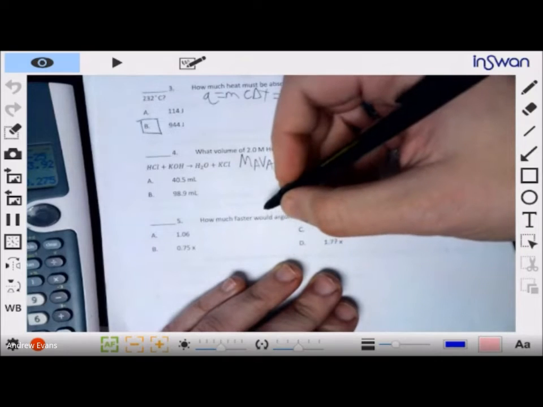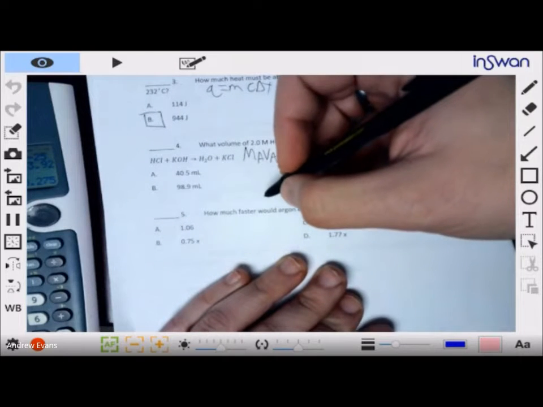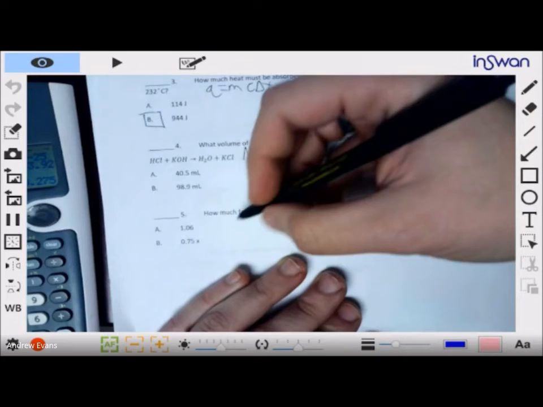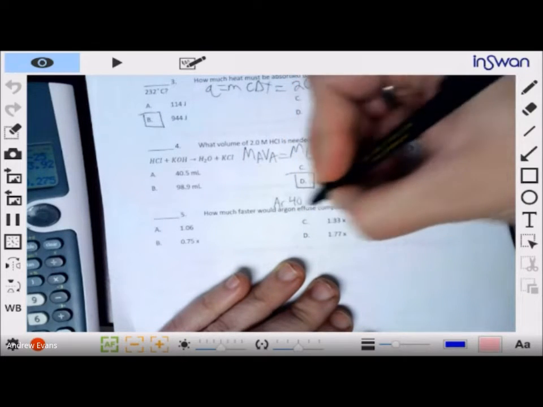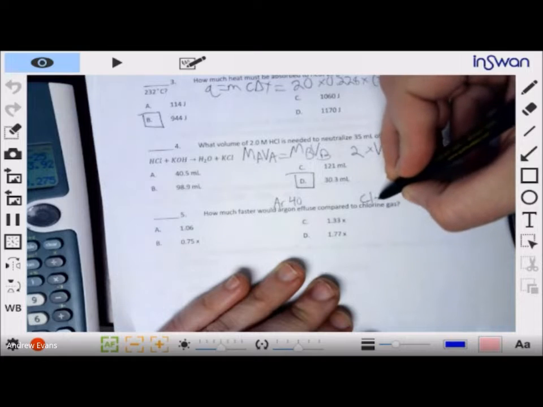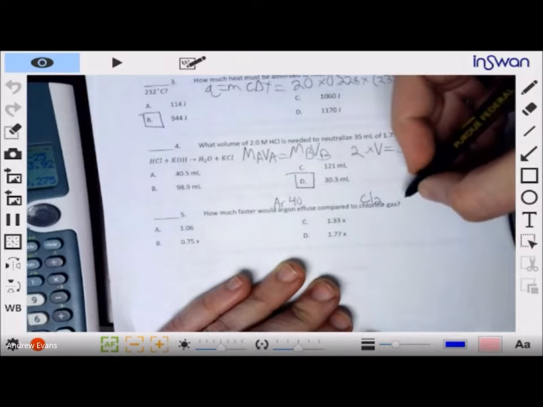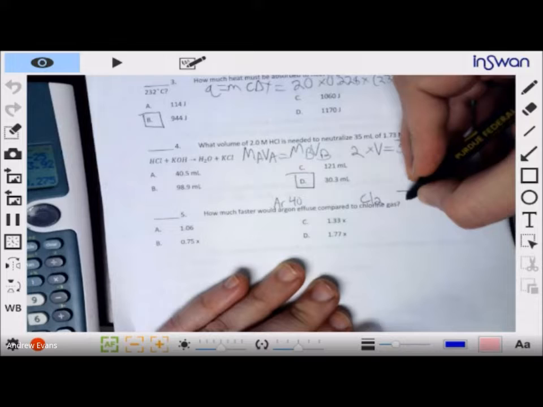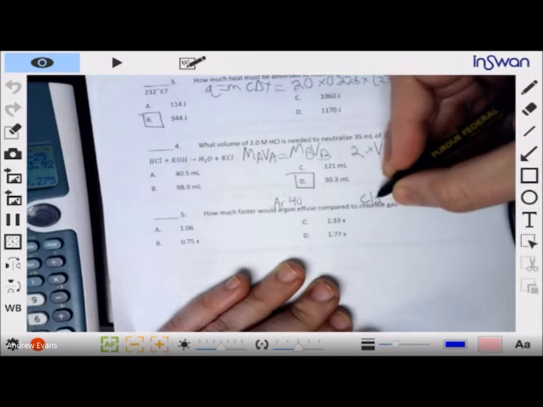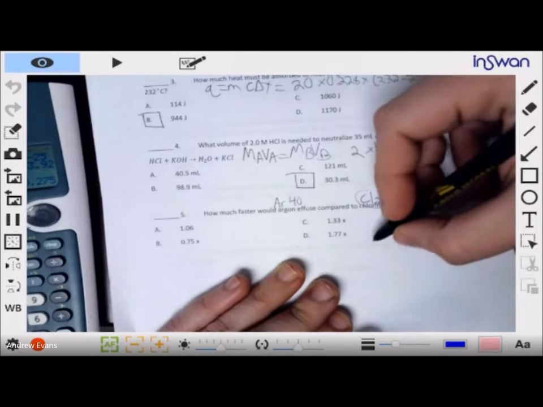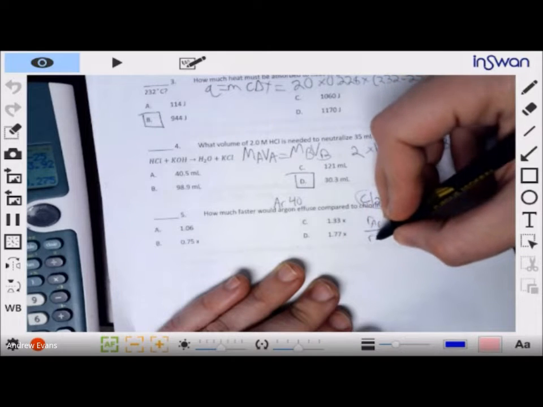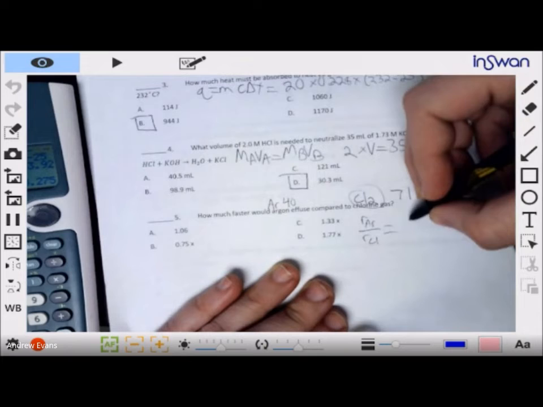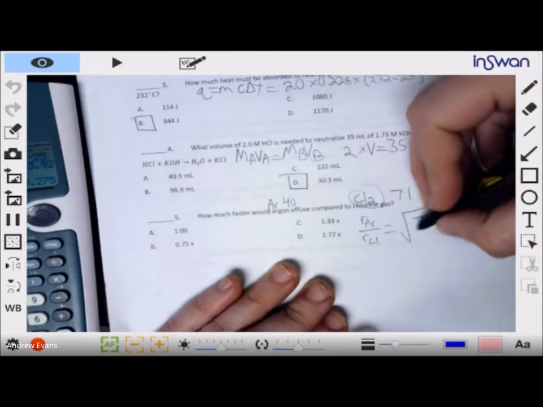And this one got a lot of people. How much faster would argon effuse compared to chlorine gas? Well, argon has a molar mass of 40. Chlorine gas is not 35 and a half. It is about 71, because chlorine is a diatomic gas. So the rate of argon over the rate of chlorine is actually going to be the square root of 71 over 40.